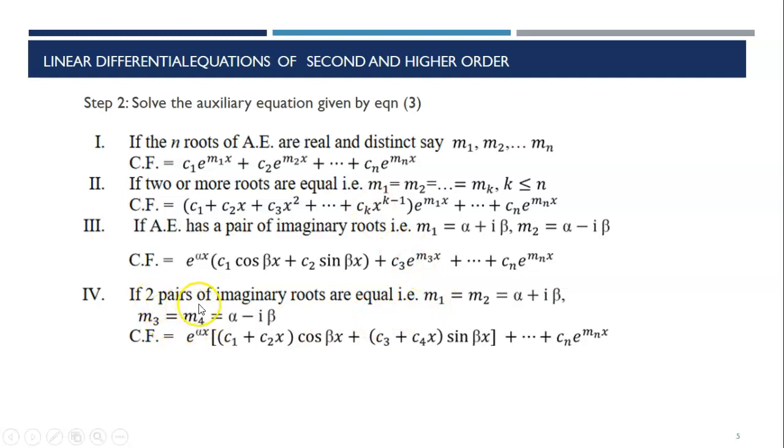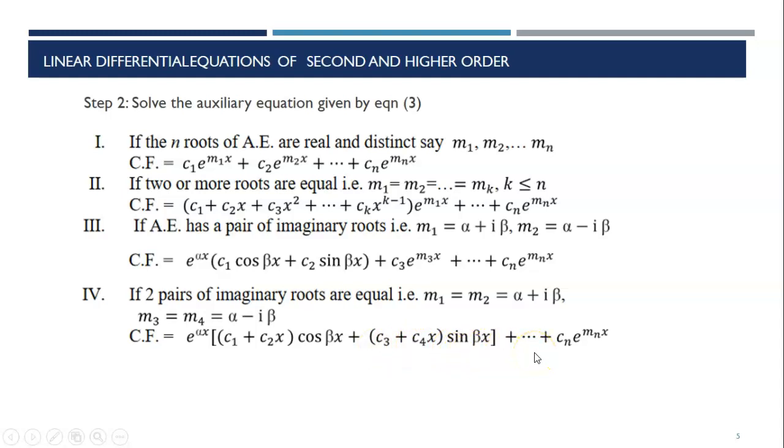Suppose two pairs of imaginary roots are equal, m1 is equal to m2 is equal to alpha plus i beta and m3 is equal to m4 is equal to alpha minus i beta. The complementary function is e power alpha x into c1 plus c2x cos beta x plus c3 plus c4x sin beta x plus and so on.